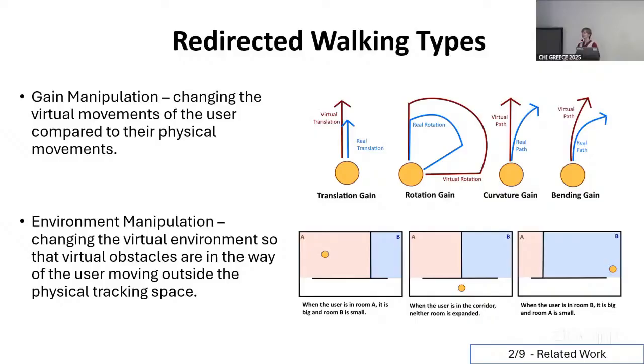And most people will not notice these changes below a certain level. And similar to gain manipulation, it's always below a certain threshold. The problem with environment manipulation is you need things in the way. You need them to turn away to be able to change something. They won't notice if a change is happening in a separate room, but they'll absolutely notice if the room they're in starts getting bigger or smaller while they're in it.